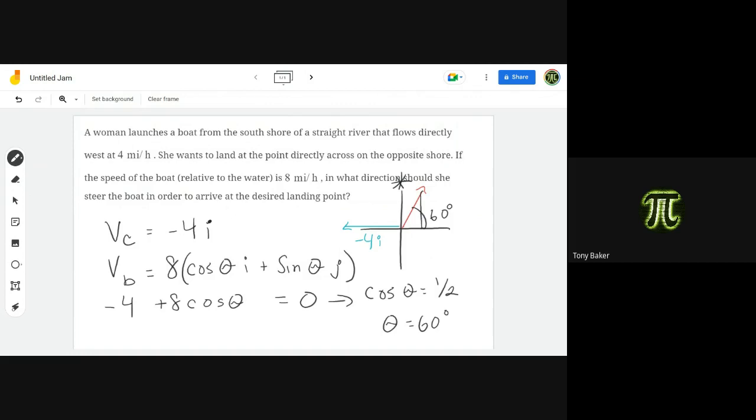So the bearing is like that. If you're looking north, you're going 30 degrees east of north. As long as she's going 30 degrees east of north, the current is going to push her back, so she will land directly across at that point.